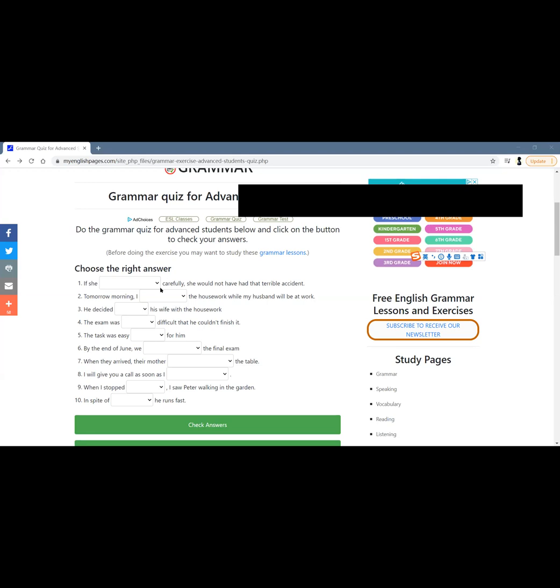So for the first one, if she had driven or drove or would have driven carefully, she wouldn't have had that terrible accident.